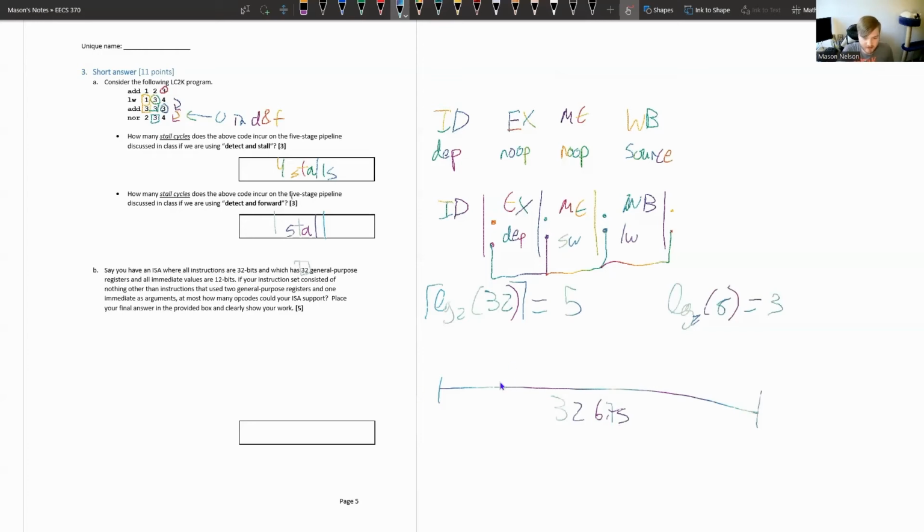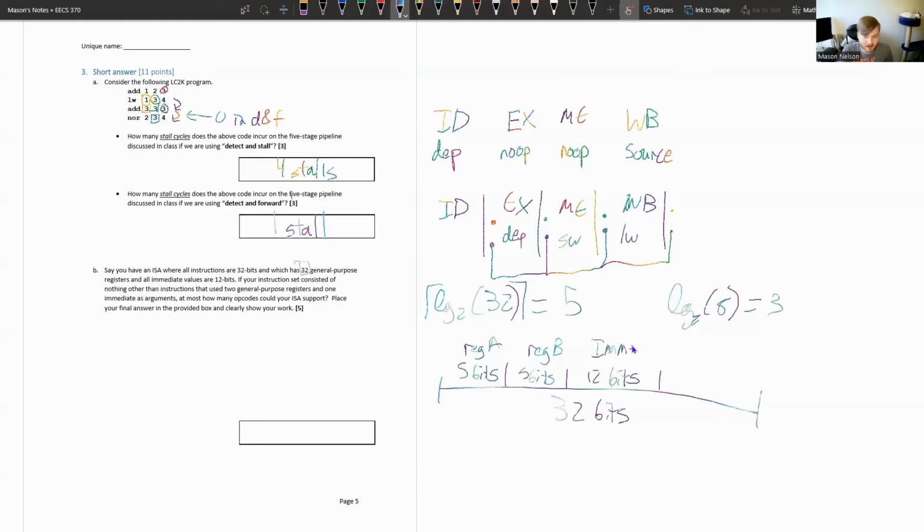So we'll have a section of 5 bits for our first register, let's call it register A, then another section of 5 bits for our other register, let's call it B. And then 1 immediate, which is 12 bits.